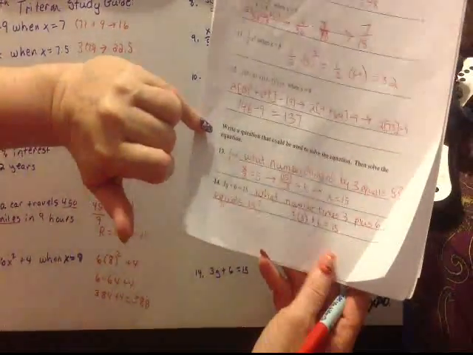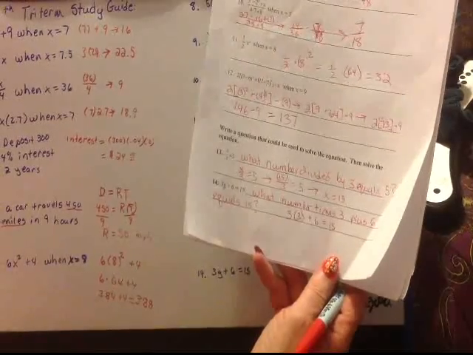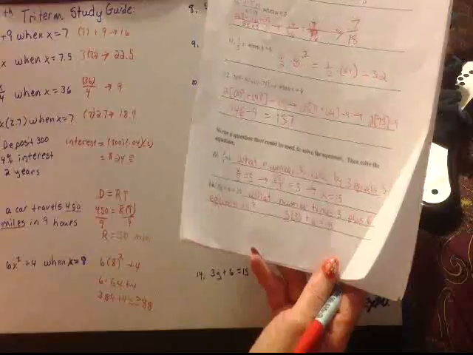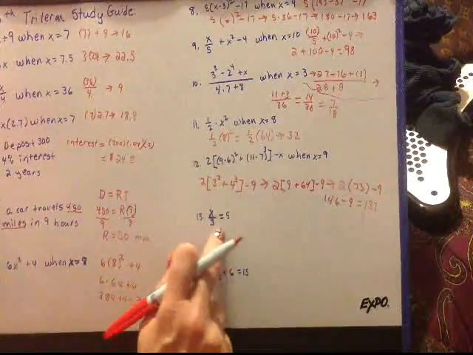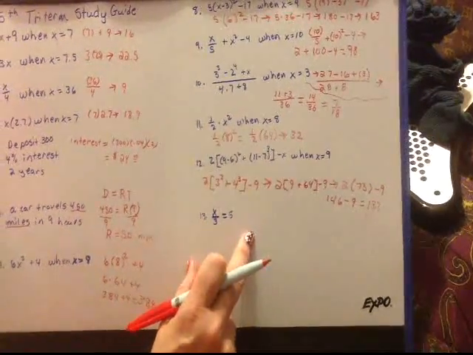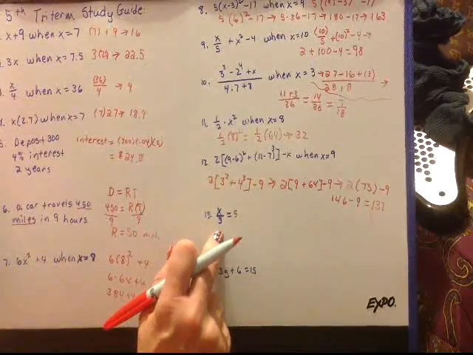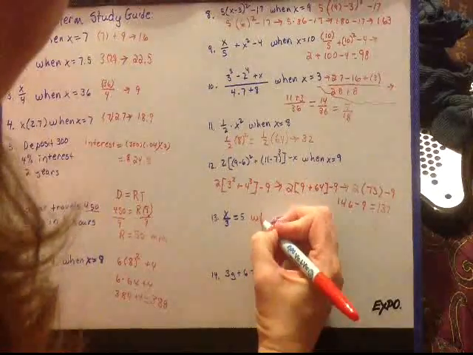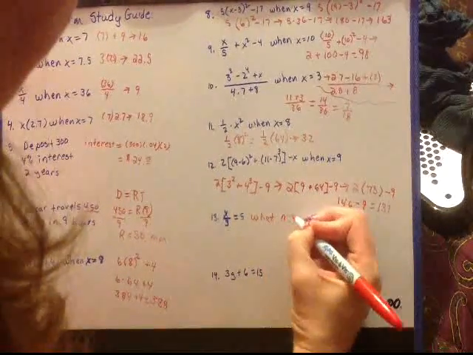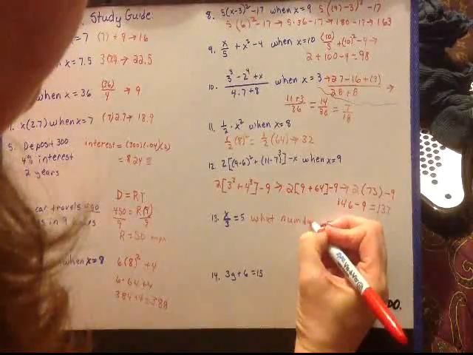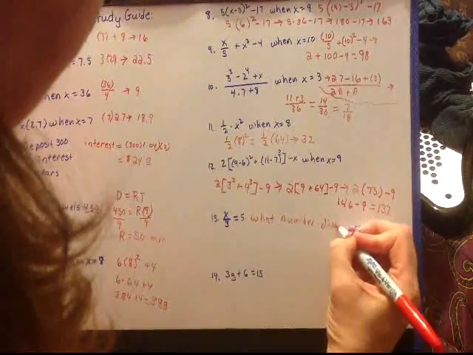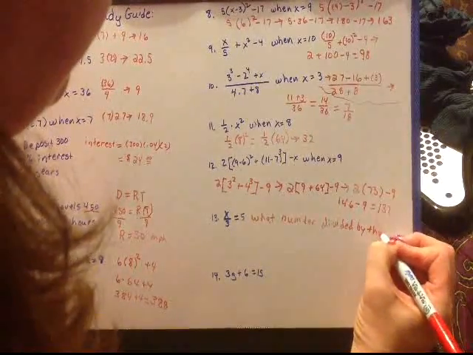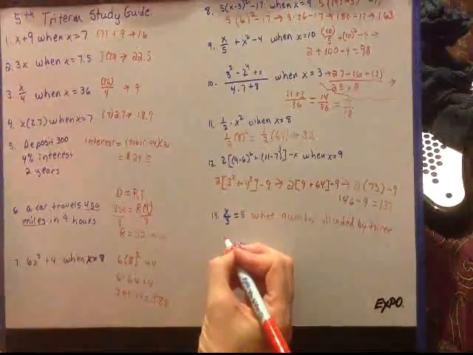Okay. For these next questions, write a question that could be used to solve the equation, then solve the equation. So this equation, when we look at it, we see that we've got x divided by 3 equals 5. So then my question would be, what number divided by 3 equals 5?